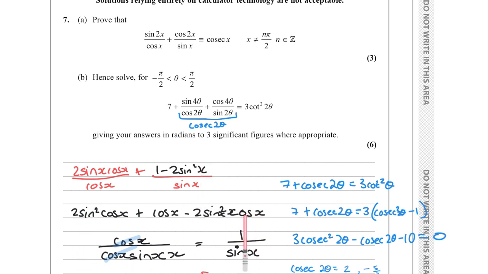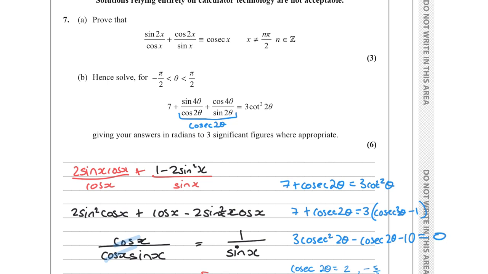Then these two cancelled, so I was left with cos x over cos x sine x. I don't know why there's an extra x there. That's what happens when I rush. And then the cos over cos cancels, and I'm left with 1 over sine, which we know is cosec. Okay? I would highly recommend in writing equals cosec equals right-hand side, therefore proved. However, I was rushing with this.